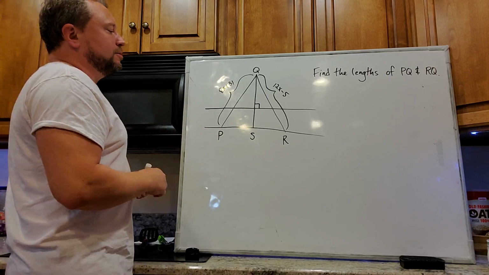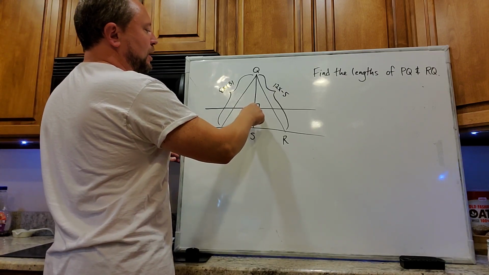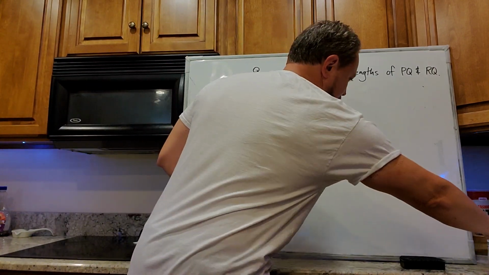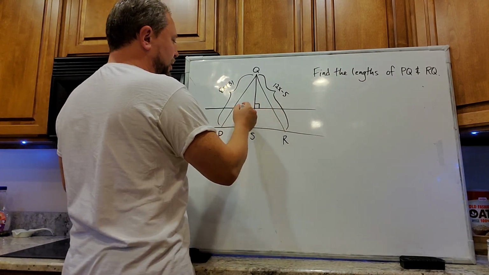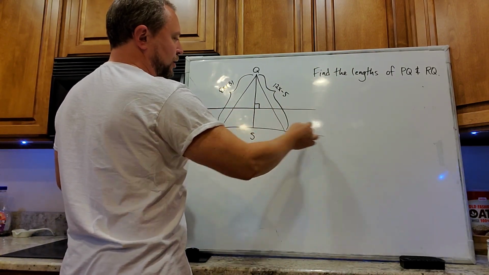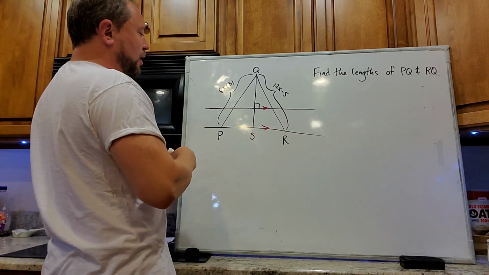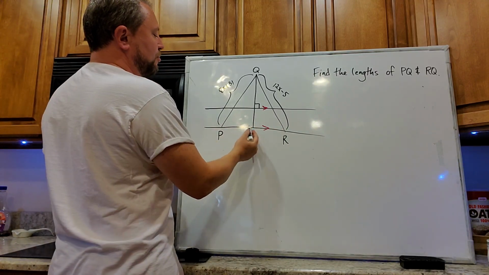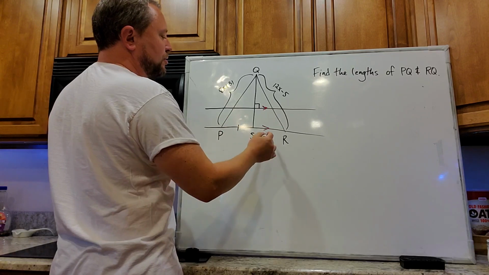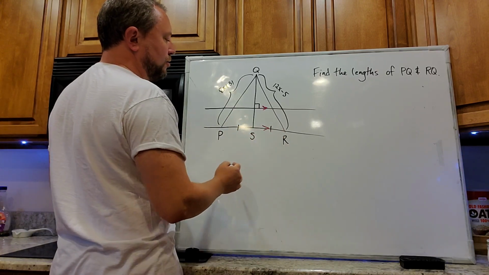So again, some given information. We were given a right angle here. We were given that the lines running through here and here are parallel. And we were given that PS, this segment, is congruent to SR.